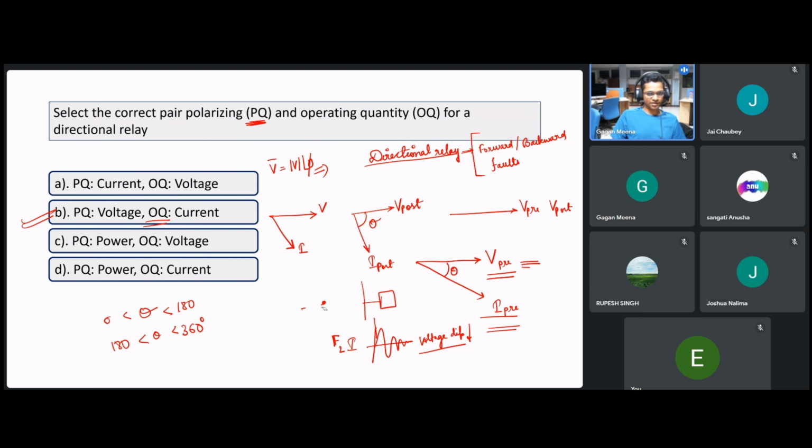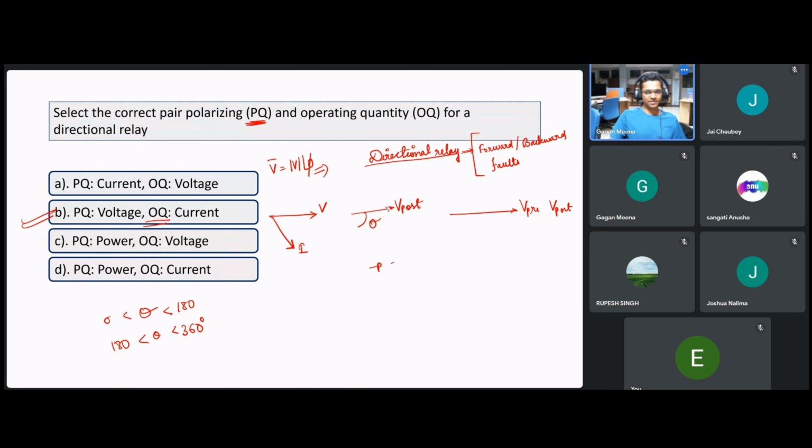I will just repeat it again, because this is an important concept for the directional relay, which is the backbone of the new protection for the distribution system in presence of these DERs. So the directional relay works on the basis of determination of the phase angle between the voltage and current.